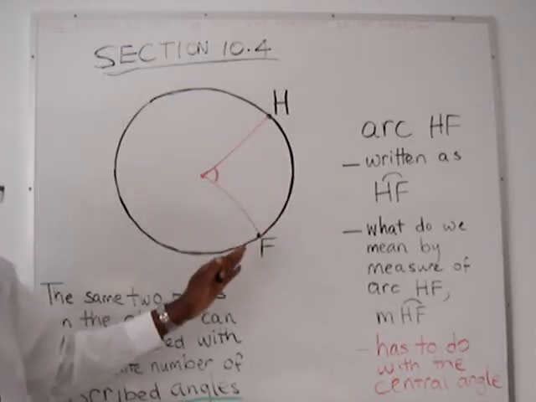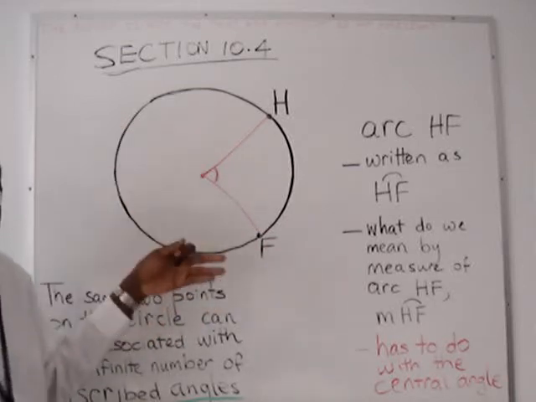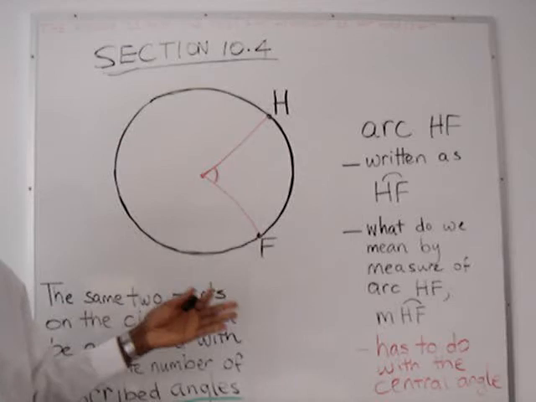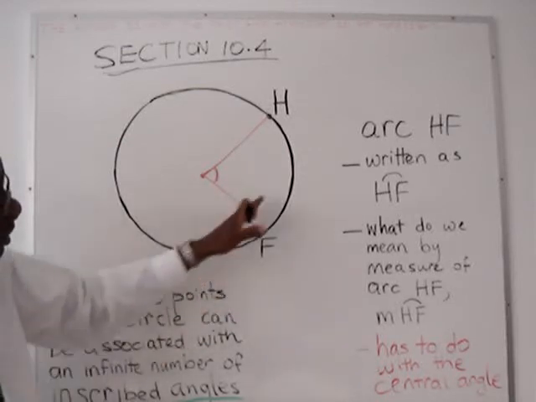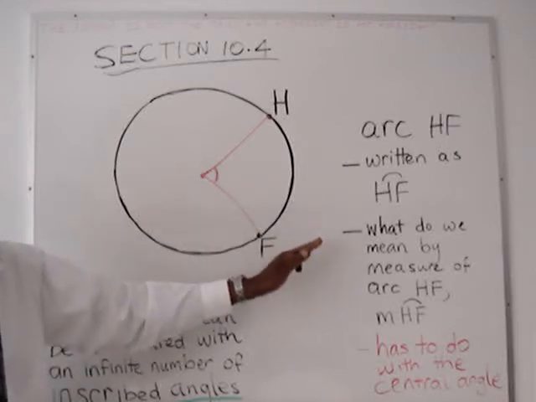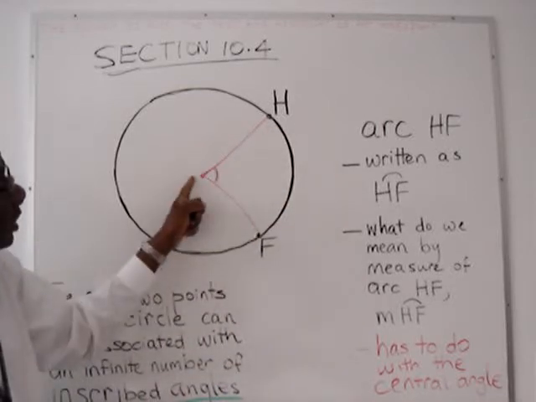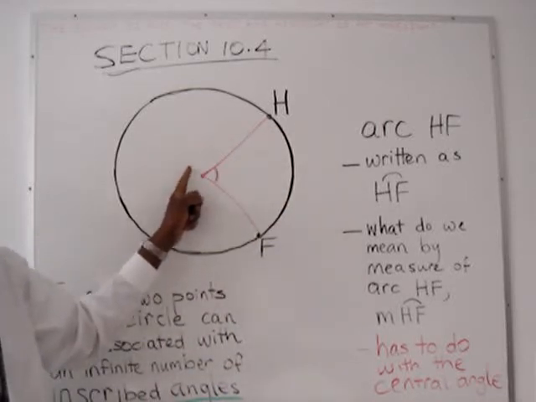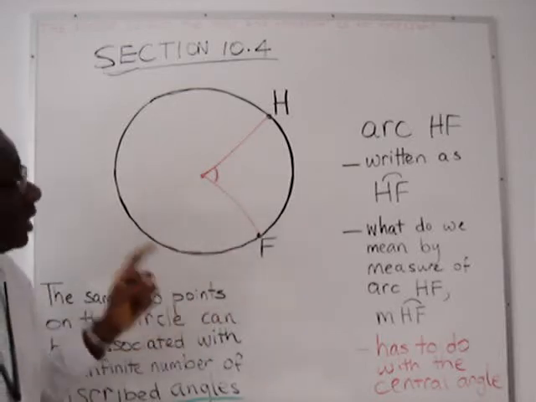You should already know that from earlier sections of this chapter, sections 10.1, 10.2, and 10.3. I'm just going over that because it's very critical that you understand that. So anytime you're talking about the measure of an arc, you come back to the center. It's dealing with the center. Okay?